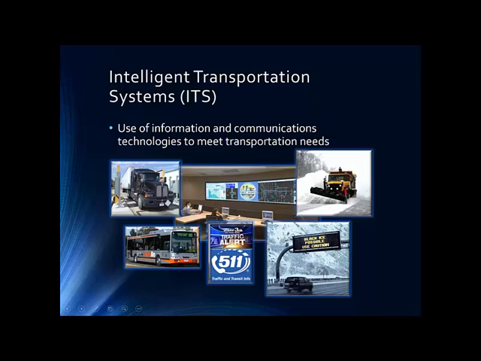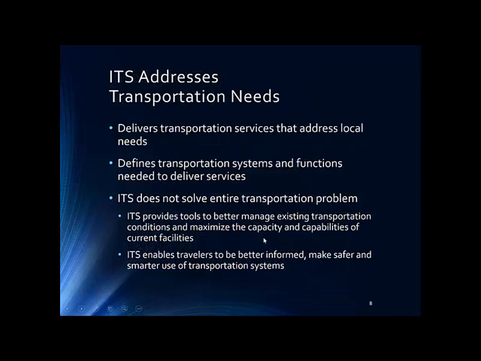We monitor where freight is, how we're clearing roadways through plowing operations, etc. So we're trying to develop services as opposed to facilities that address local needs. And we need to know what systems need to be created and the functions that are necessary to deliver those services. And again, it's important to understand ITS doesn't solve everything. It's just one tool we have available to address more comprehensively transportation needs.